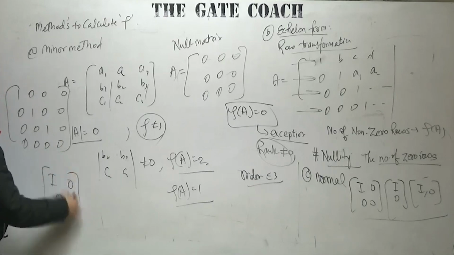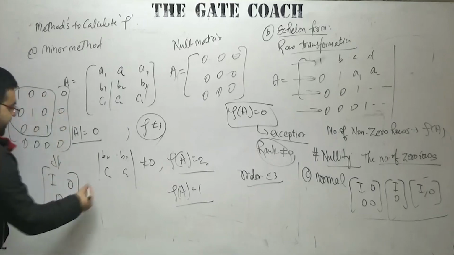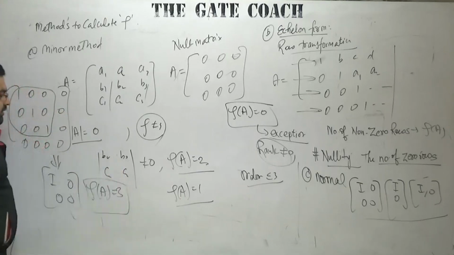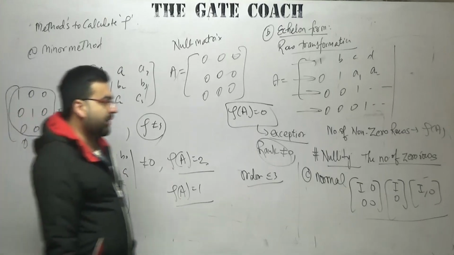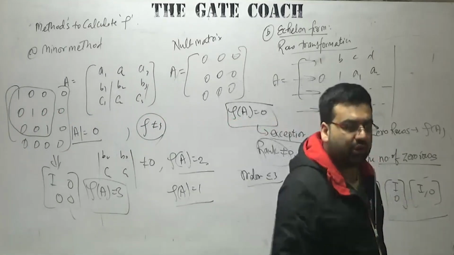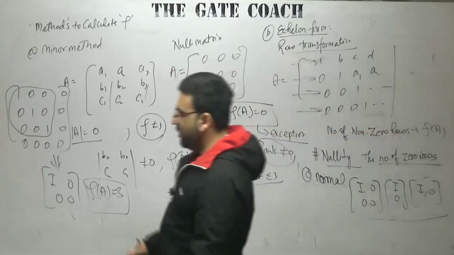So I will say that the rank of this matrix, now the order of this identity matrix is what? 3. The rank of this matrix A is equal to 3. This is called the normal form, but I told you that the normal form is a little bit of a lengthy method, so do not go for the normal method, go for the echelon form method. That is a much easier method to calculate the rank of a matrix.